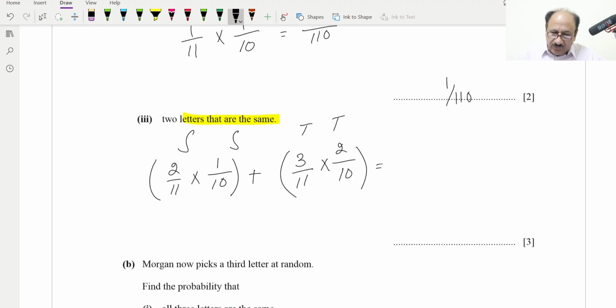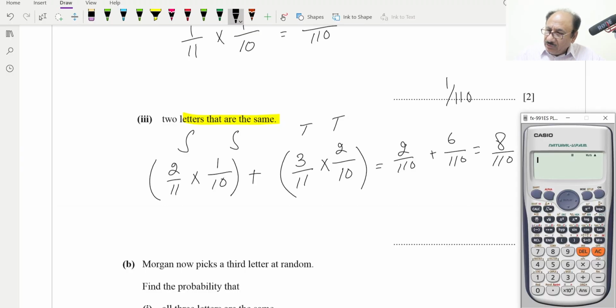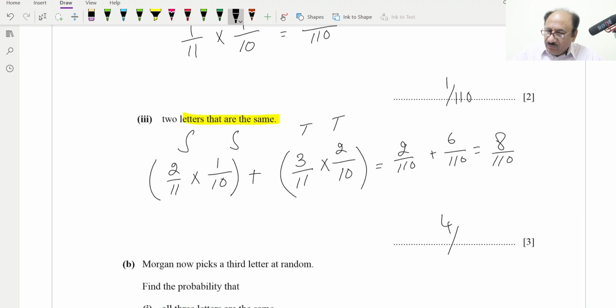This will be 2 over 110 plus 6 over 110, which is 8 over 110, and if we simplify 8 over 110, this is equal to 4 over 55. So the simplified probability will be 4 over 55.